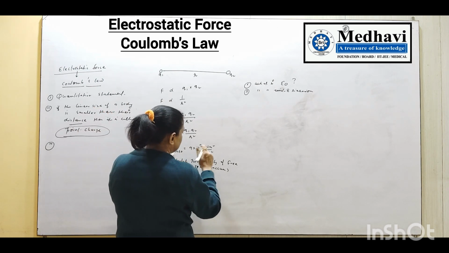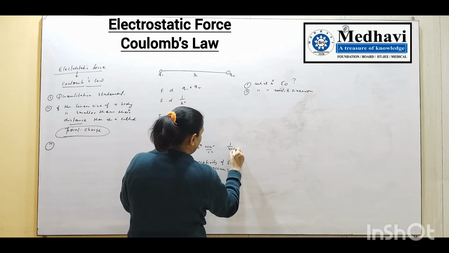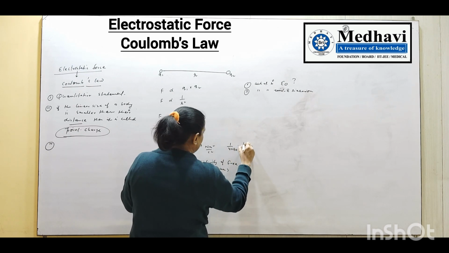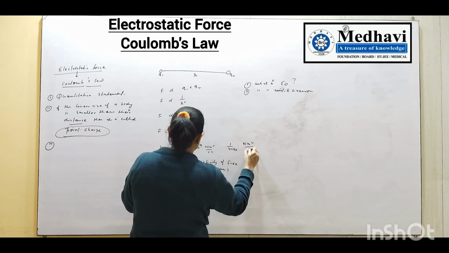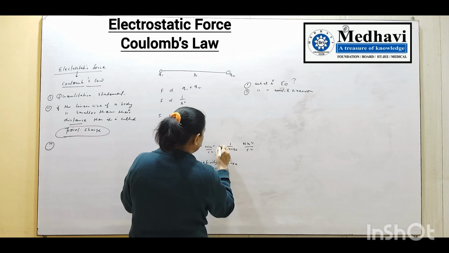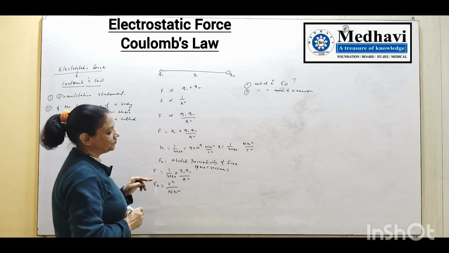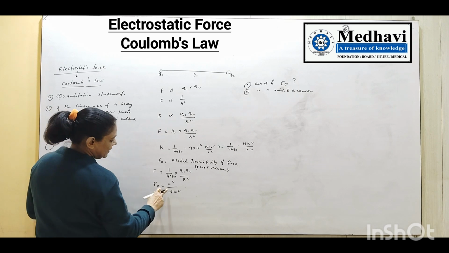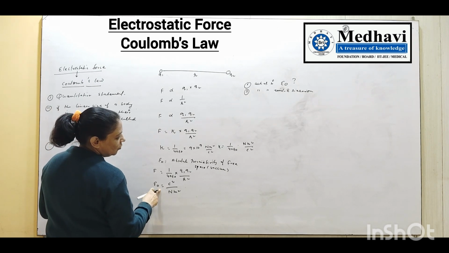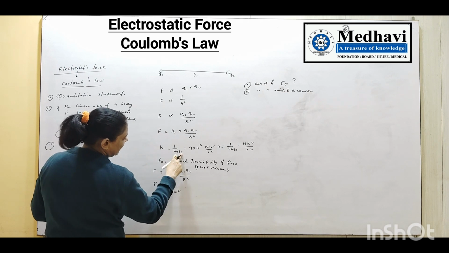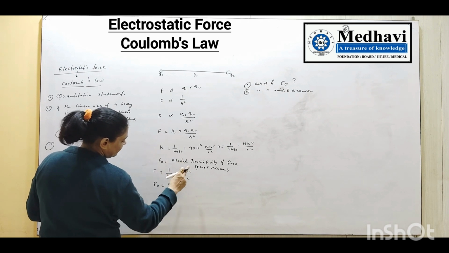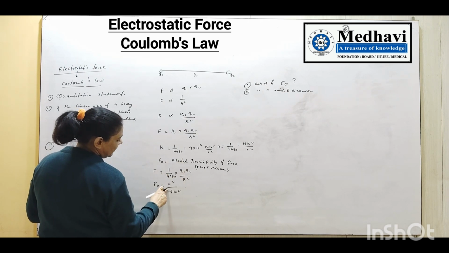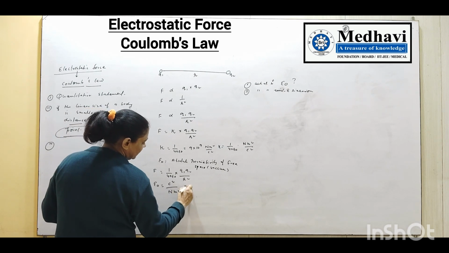K is 1 by 4 pi epsilon naught, Newton meter square by Coulomb square. So you can say that it is Coulomb square, and after cross multiplication you will get Coulomb square divided by Newton meter square.